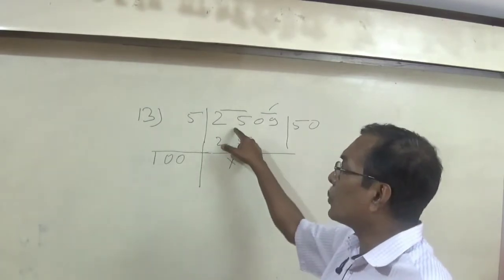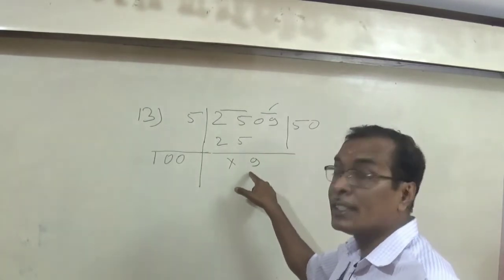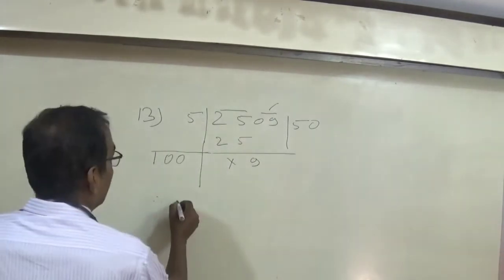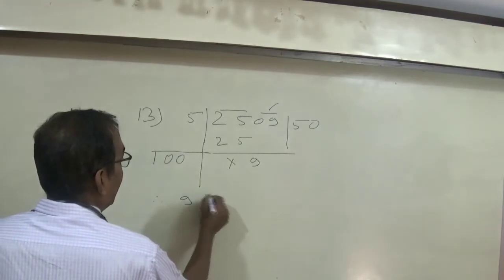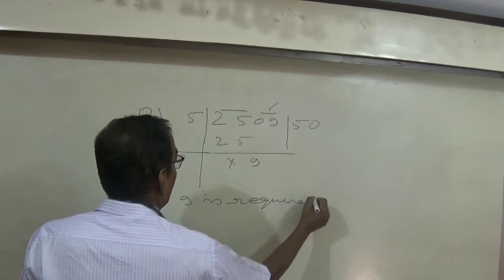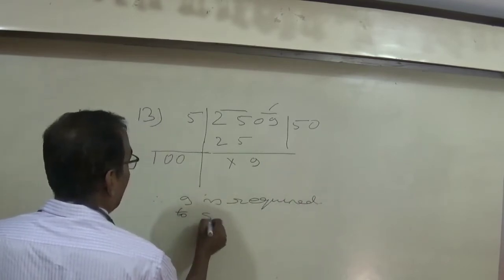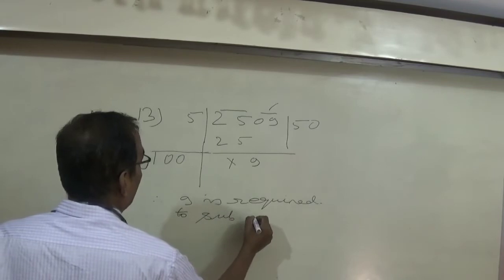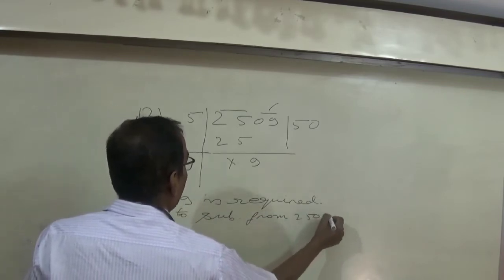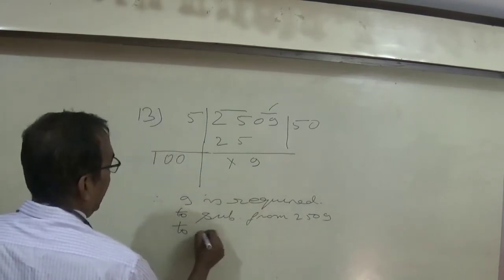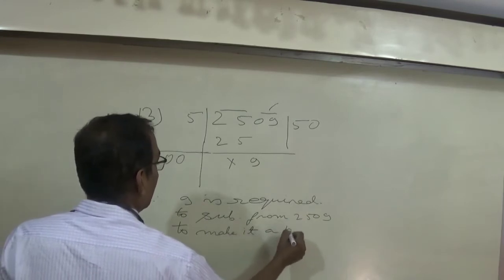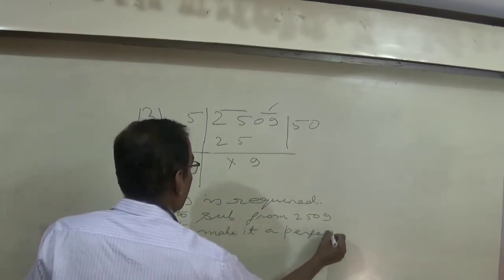So to make it a perfect square, how much do you have to subtract? That one is this remainder. So therefore you can say that 9 is required to be subtracted from 2509 to make it a perfect square.